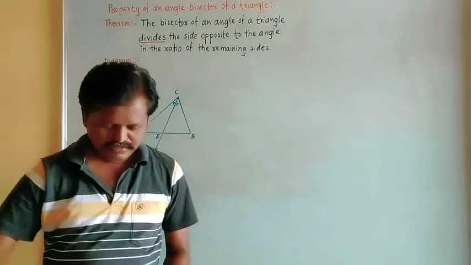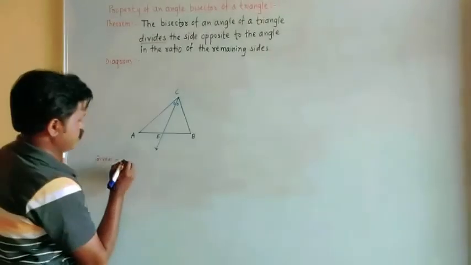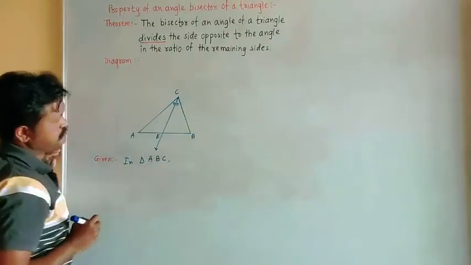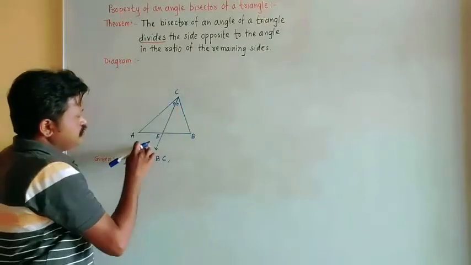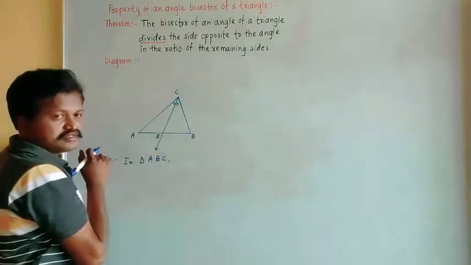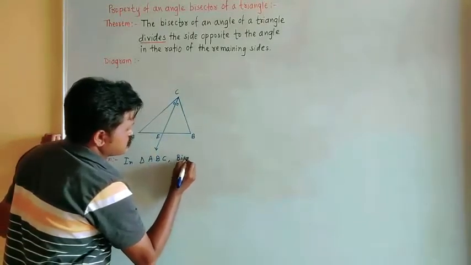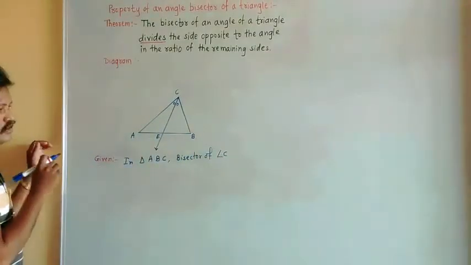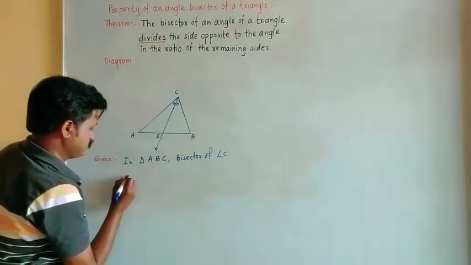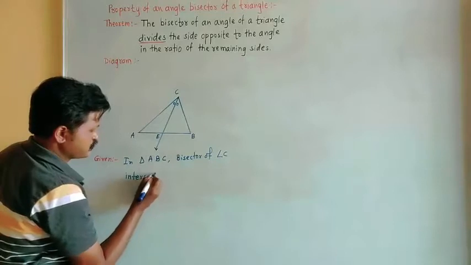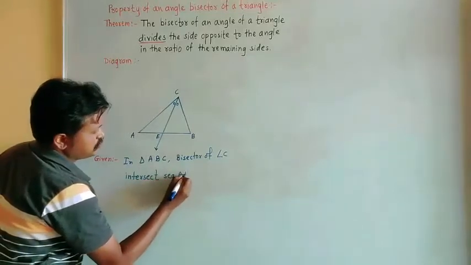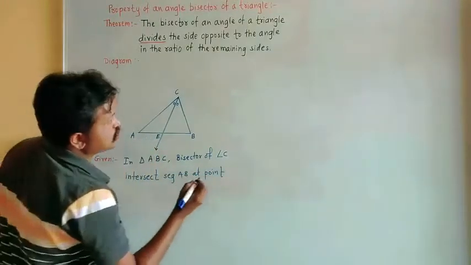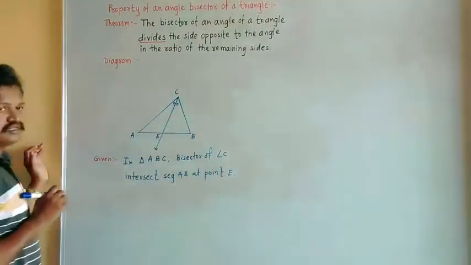In triangle ABC, ray CE, the bisector of angle C, intersects segment AB at point E. So that is the given part.